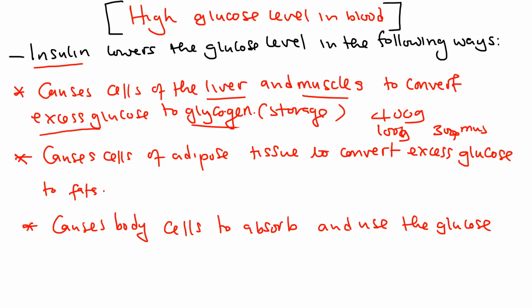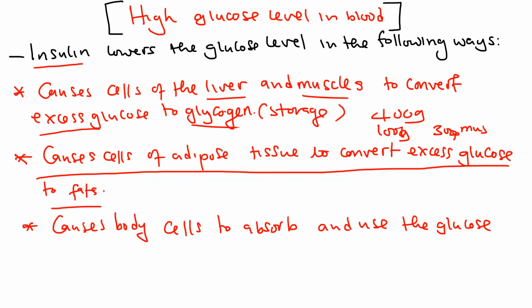Now, if you still have excess glucose in the blood, the insulin causes the cells of the adipose tissue to convert the excess glucose to fats, and they are stored under the skin and also around delicate organs such as the heart, the intestines, etc. It also causes the body cells to absorb and use the glucose, for example during respiration.